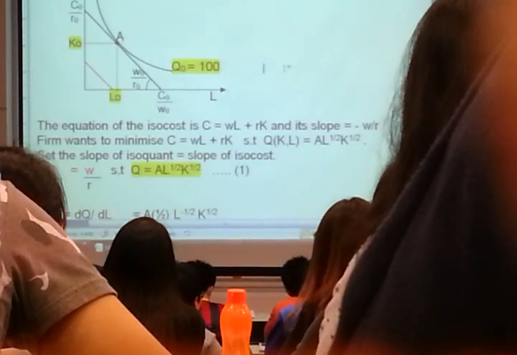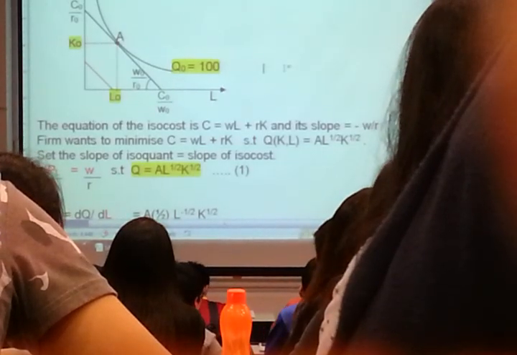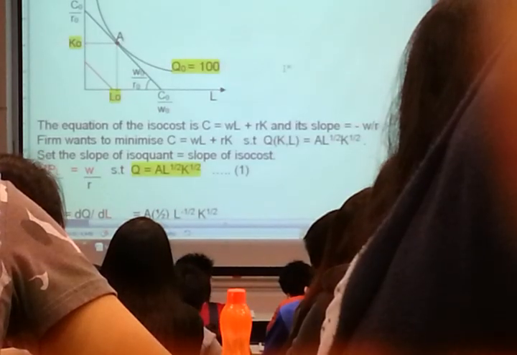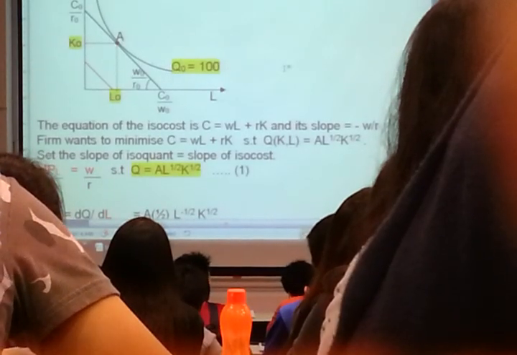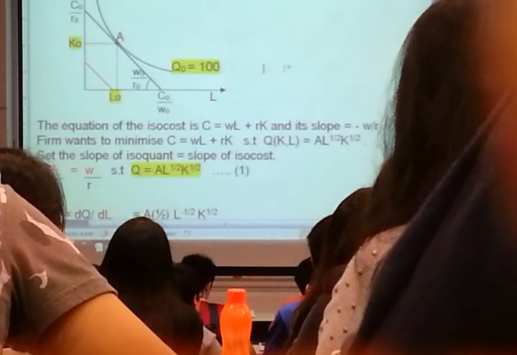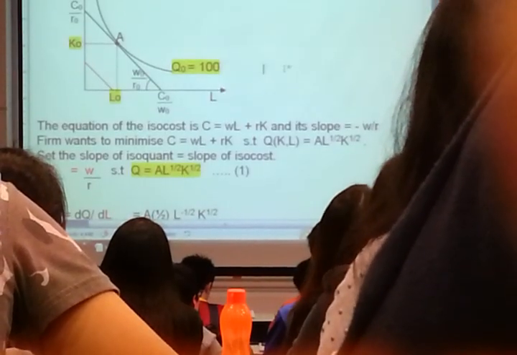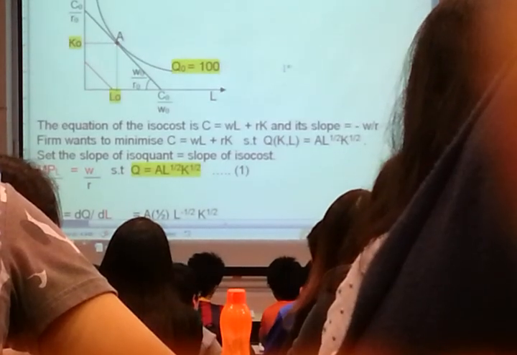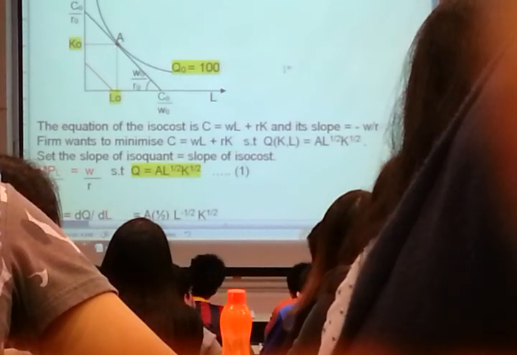Give me the mathematical exposition at this point. What is that equal to? But at this point, two lines are equal. Which one? The ISO cost, also called the budget line of the firm, and the isoquant.